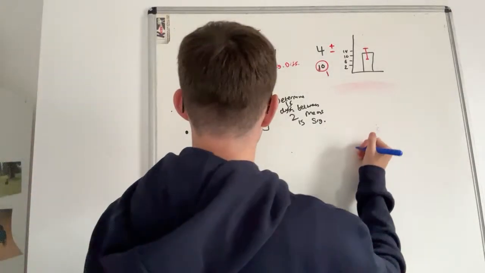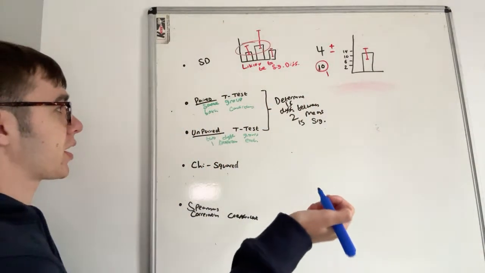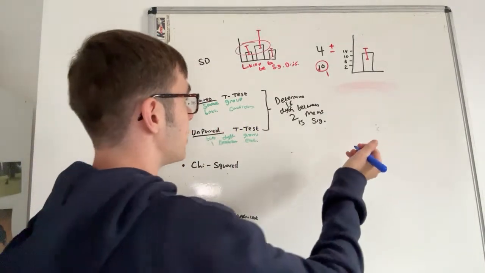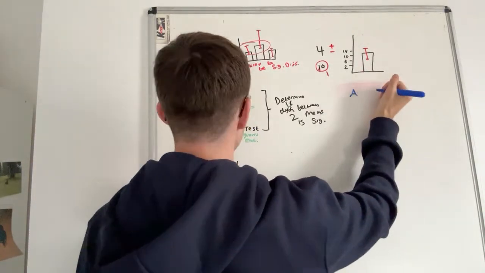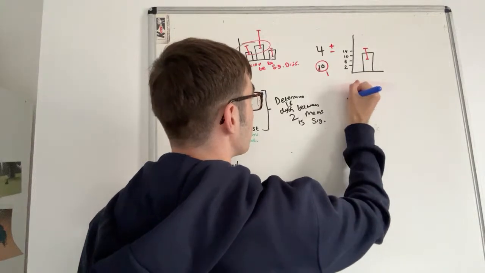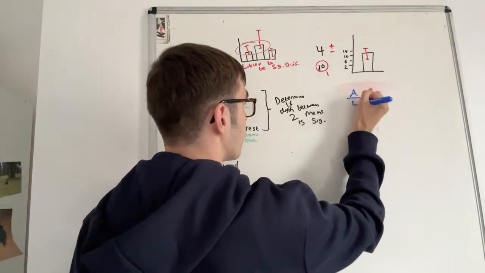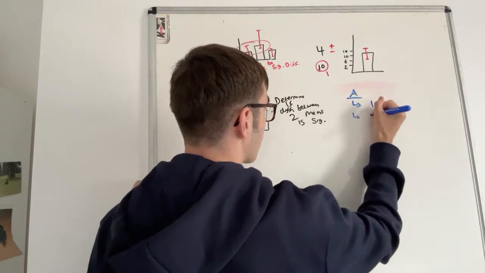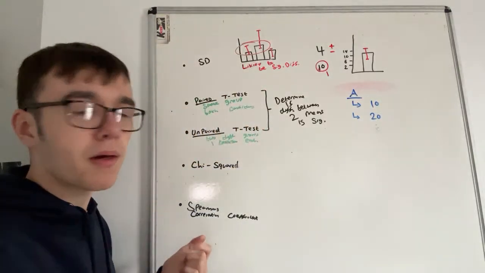So let's do an example. Let's go back to that fertilizer thing I was on about earlier. A paired one would be if we have group A, and only group A. They first do a concentration of 10, and then they do a concentration of 20.